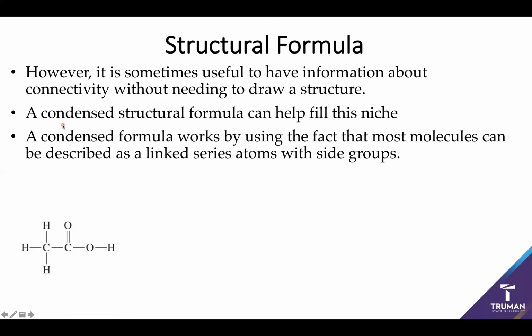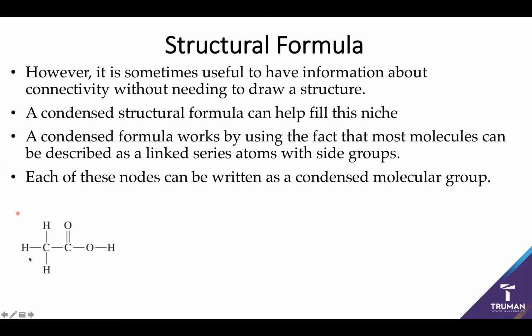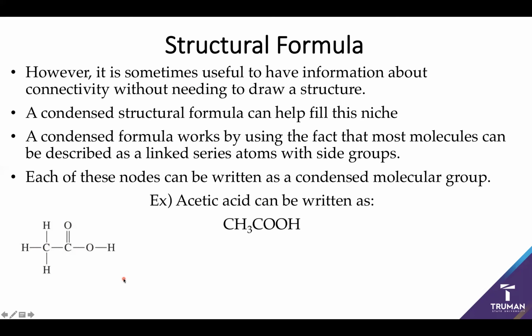So what we do is we're going to take each of these little subgroups and write them each independently. And as we link them together, it tells you where each of these atoms are located with respect to each other. So what we're essentially doing is writing each of these nodes as a condensed molecular group and then tying them together.